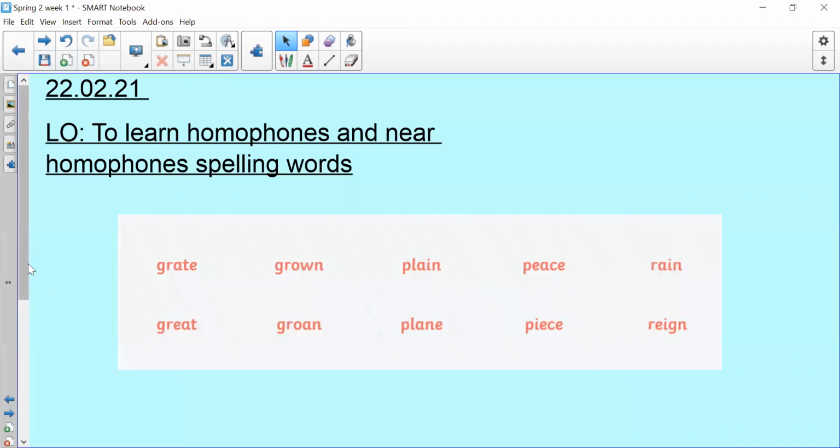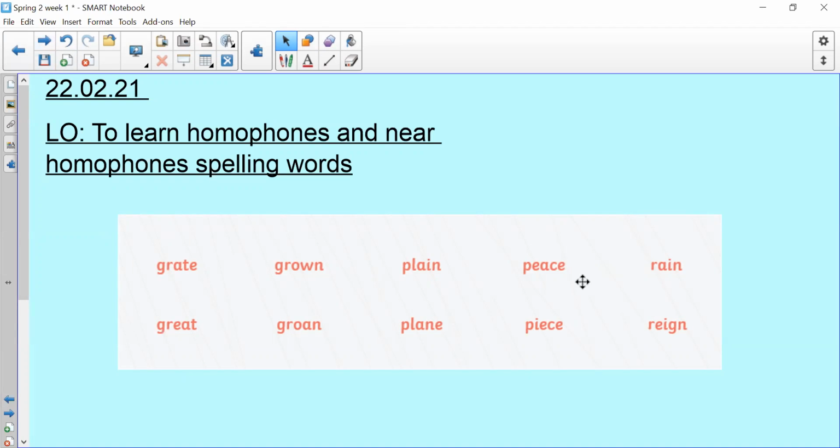Okay. So these are our words that we will be learning this week, and they are all homophones or near homophones. So we've got great and great, grown and grown, plain and plain, peace and peace, and rain and rain. Okay, so you can just hear there, they sound the same.